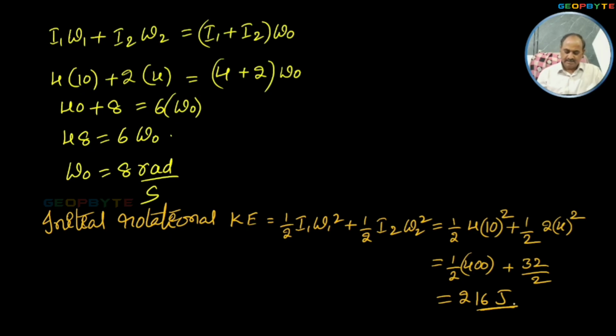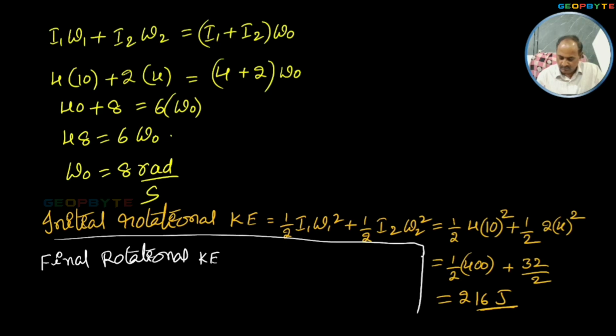That is the initial rotational kinetic energy. Next, the final rotational kinetic energy is equal to half into I1 plus I2 into omega naught square. Half into I1 is 4 plus I2 2, omega naught is 8 square. Simplify this value.